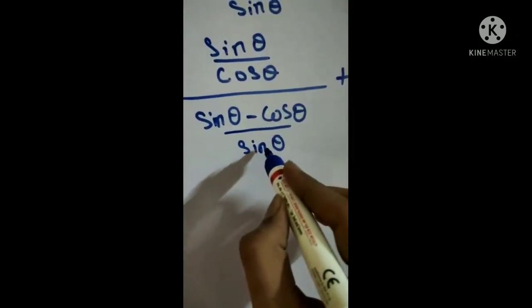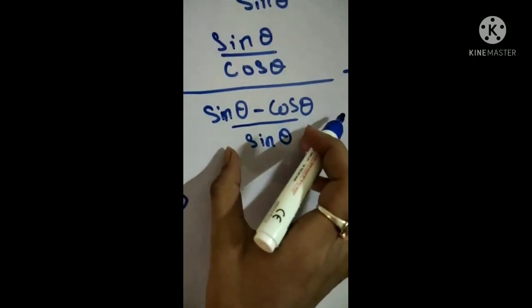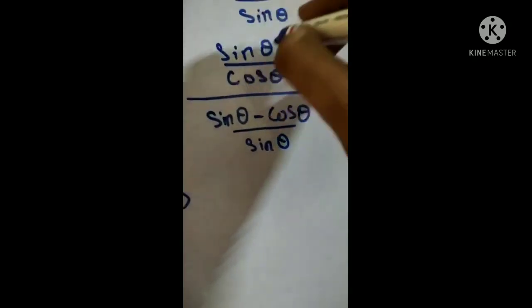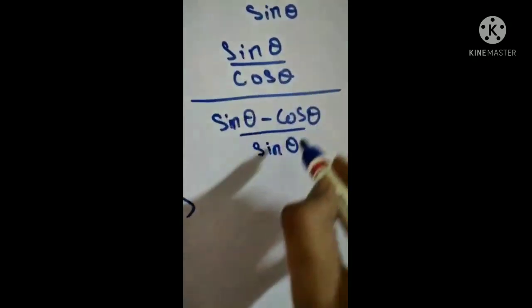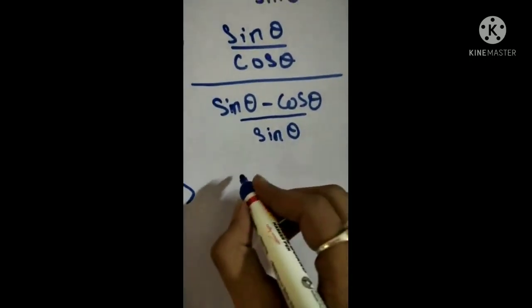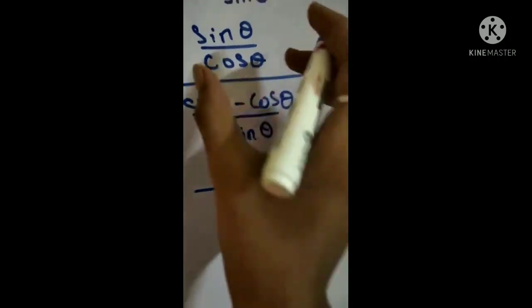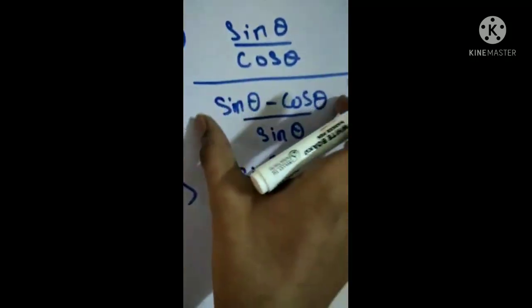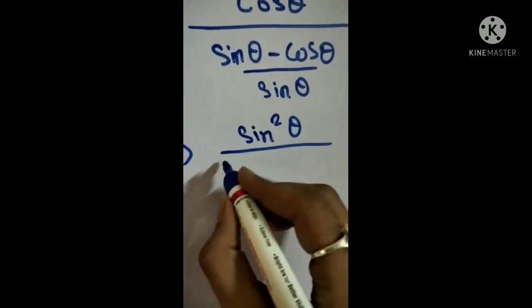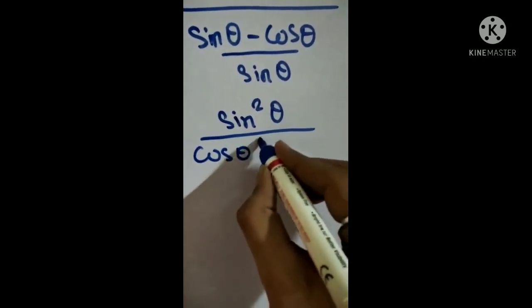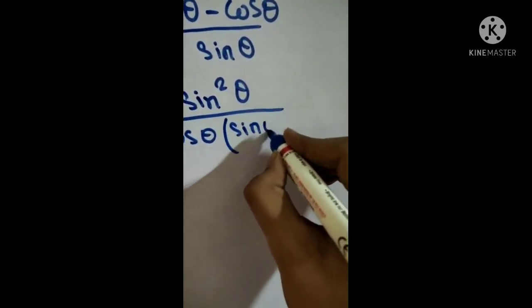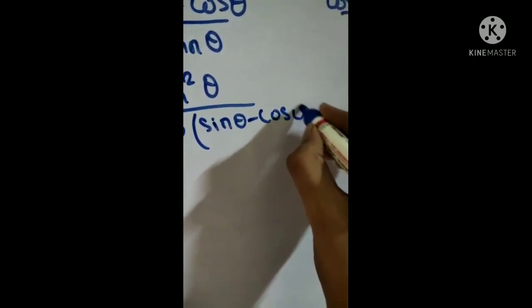Now see, after solving this, as it is in division, this denominator will be multiplied with the numerator. That means sin theta will be multiplied by sin theta, so we will get sin square theta, divided by cos theta times sin theta minus cos theta.